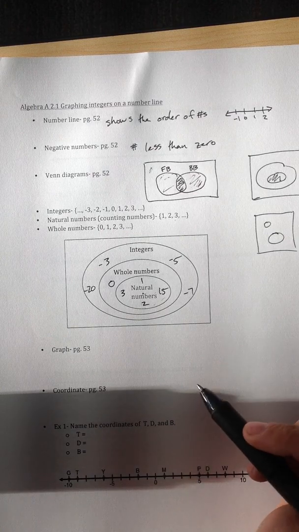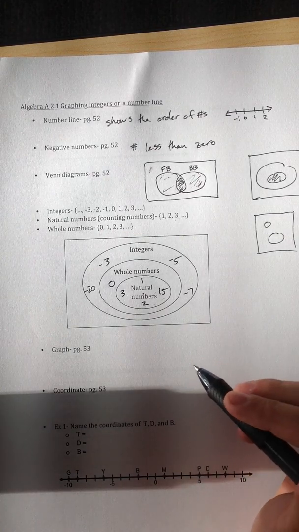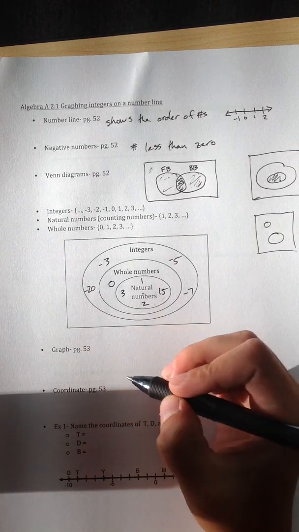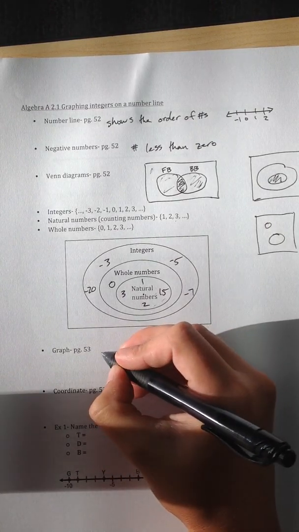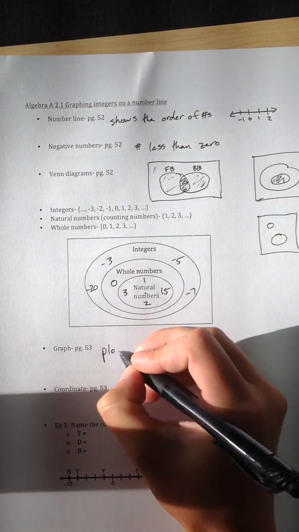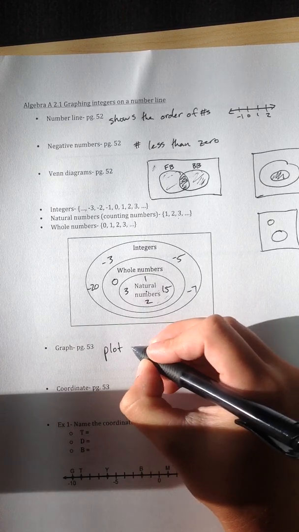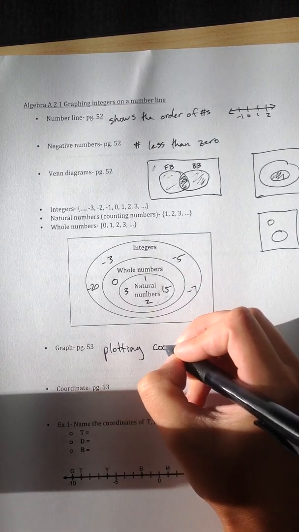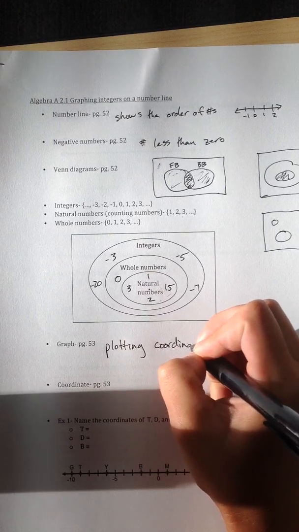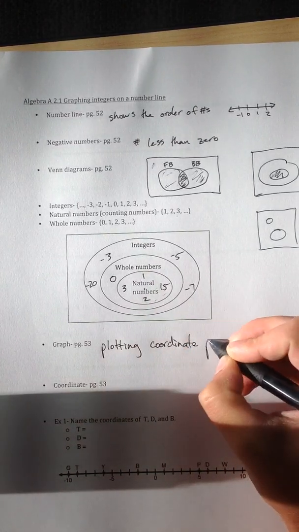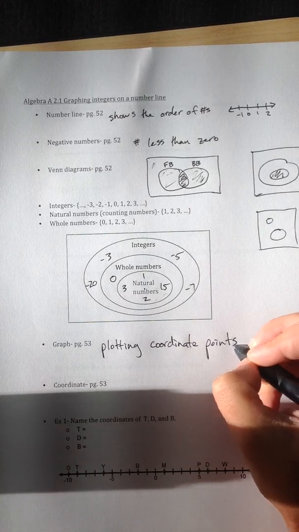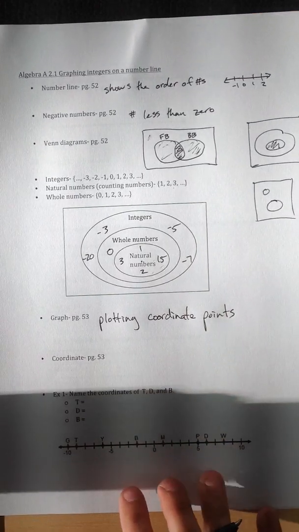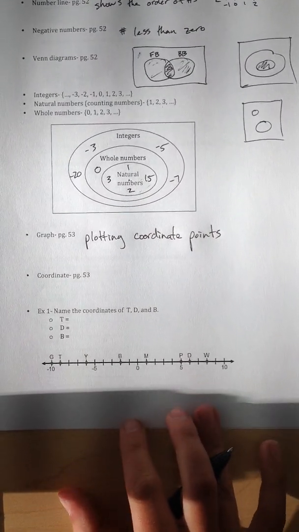Okay, next definition we've got is graph, and the definition of graph is plotting coordinate points. And then the next one is coordinate.